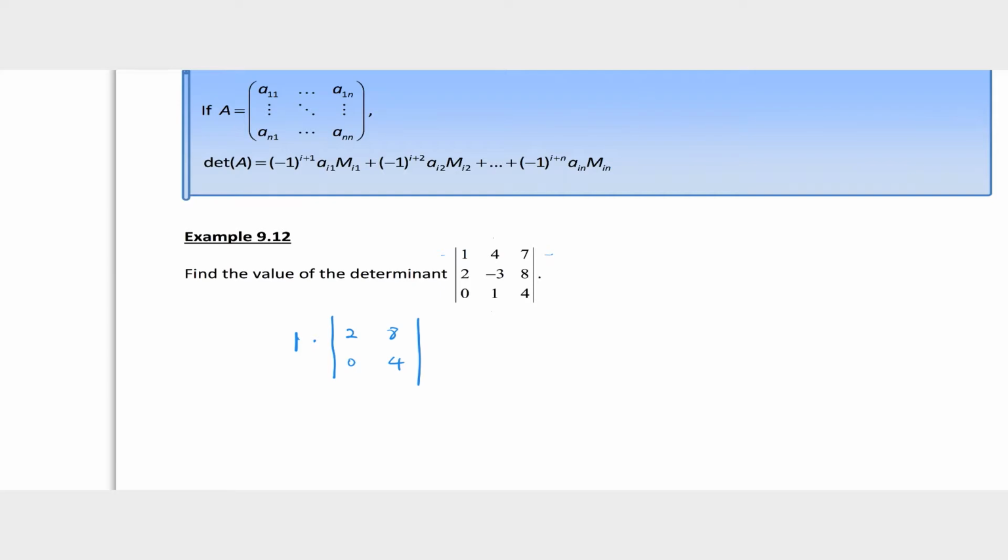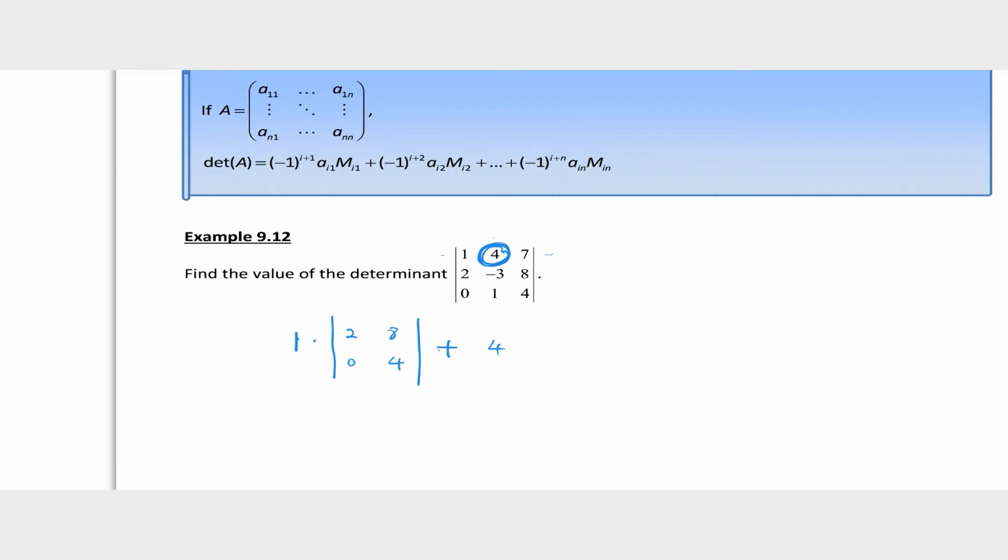Plus the cofactor times the minor matrix. Do you remember what is the value of the cofactor of this term? It is not only 4. Do you remember the signs go positive, negative, positive, negative, positive, negative, positive, negative, positive.